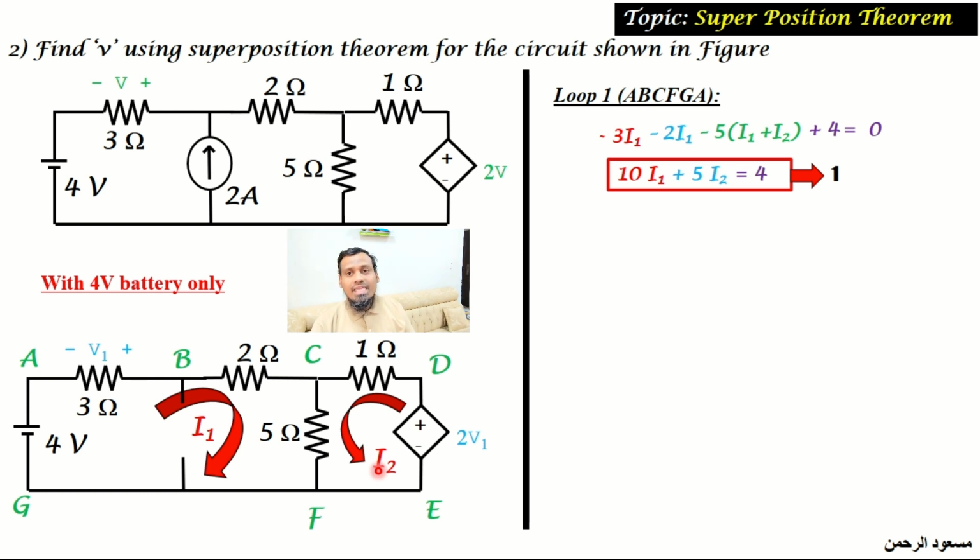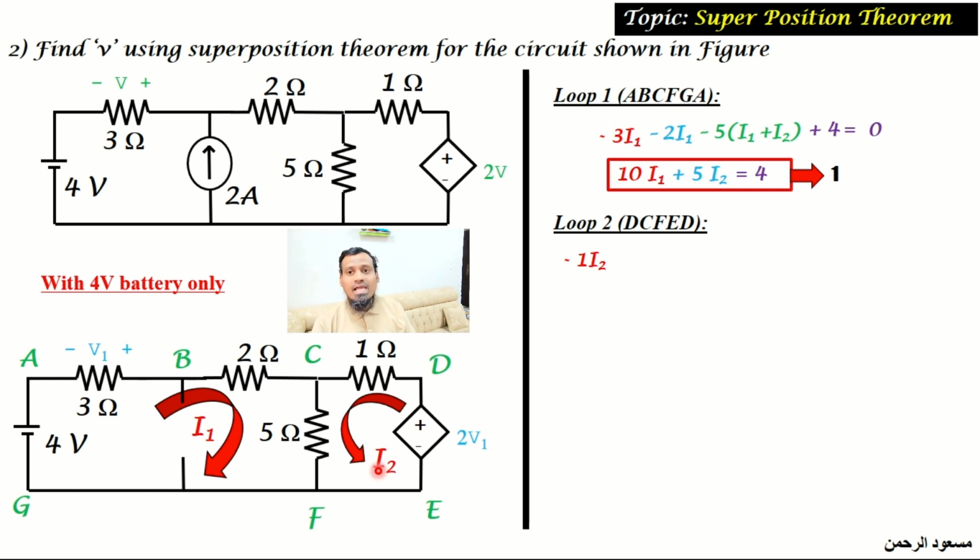Now going into the second loop, which will be DCFED. In this, we will go from D to C, where the loop direction and the current direction are in the same way. The potential drop will happen in the 1 ohm resistor, so minus 1 I2. And from C to F, we have a 5 ohm resistor, and the current through the 5 ohm resistor is I1 plus I2.